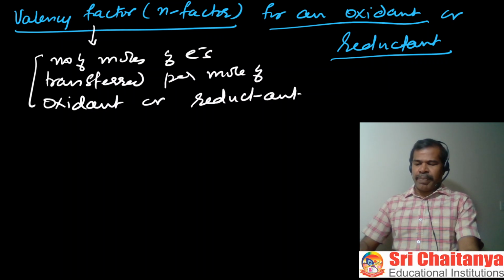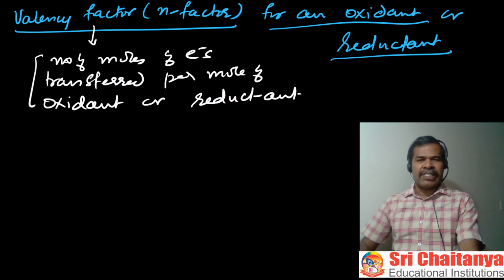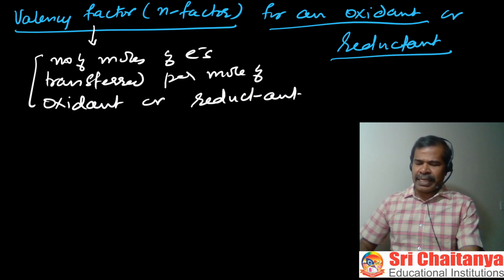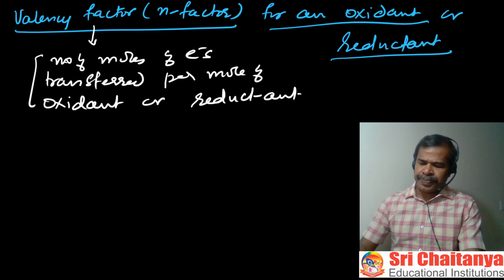Single rule, number of moles of electrons transferred per mole of oxidant or reductant is the valency factor for an oxidant or a reductant. We'll take some simple examples and explain.